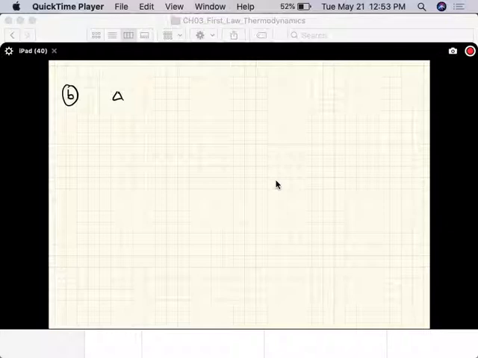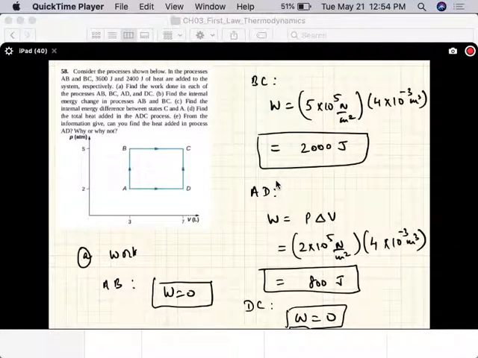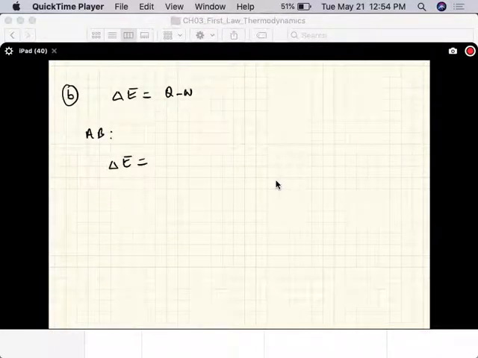So change in internal energy is Q minus W. For AB, they tell you you absorb 3,600 joules of energy, and the work done was 0.